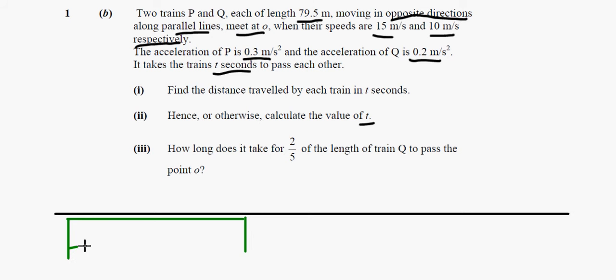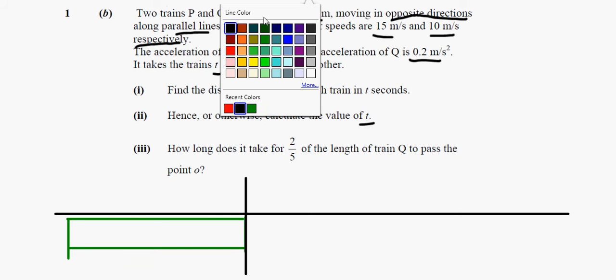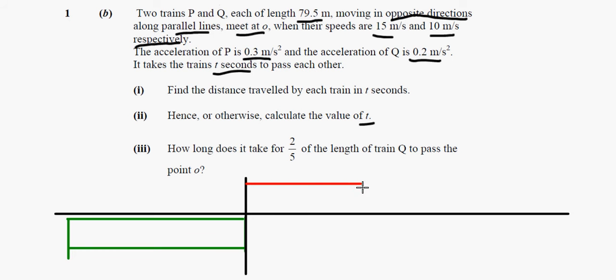I'm just going to draw the point O in here as well. It's always handy, if you have time, to do a rough drawing of what's going on. And then I have train Q here, one of them in red and the other one in green, roughly the same length.